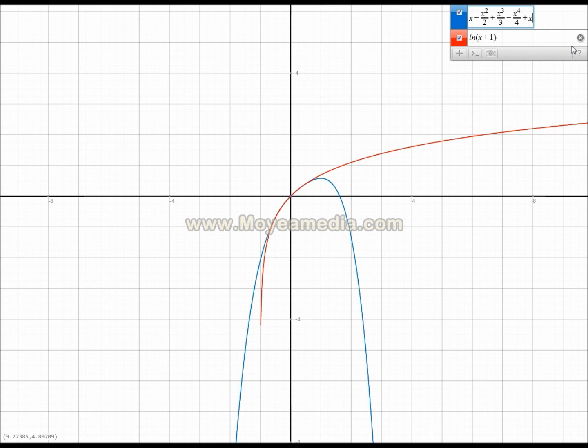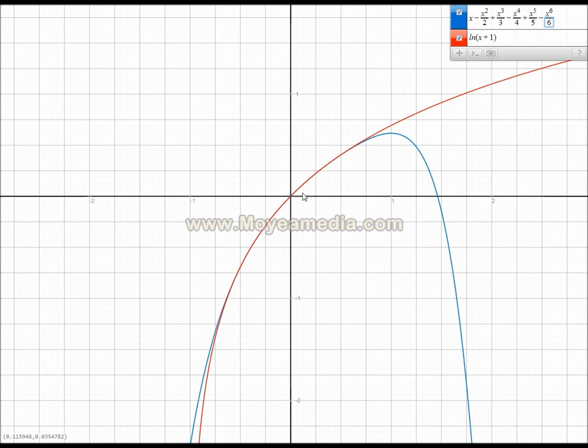How about plus x to the 5th divided by 5. Yeah, not bad. Minus x to the 6th divided by 6. A little better. Maybe we should zoom in just so that this doesn't take too terribly long.